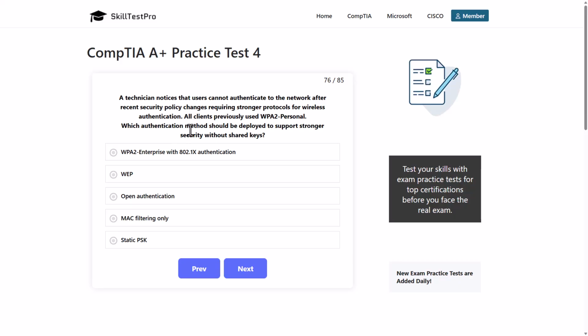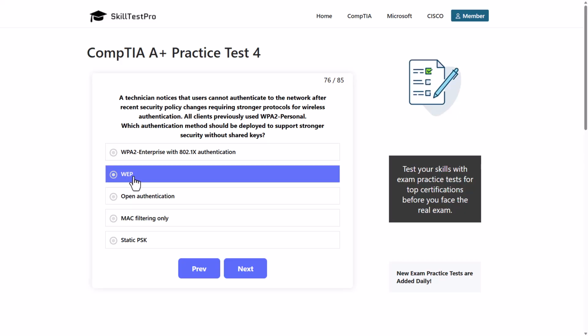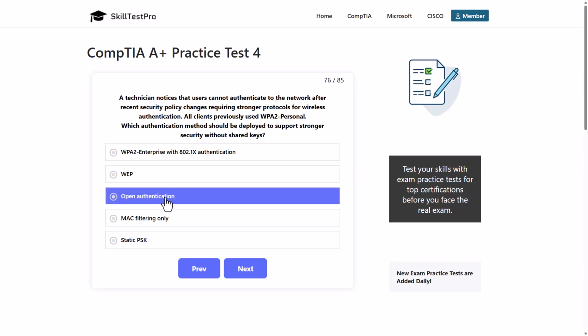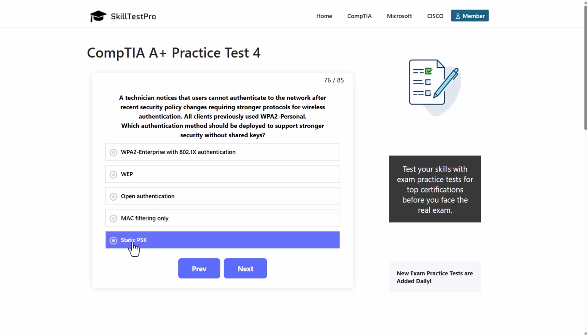Which authentication method should be deployed to support stronger security without shared keys? WPA2-Enterprise with 802.1x authentication, WEP, open authentication, MAC filtering only, or static PSK. Which one would be the correct answer here?